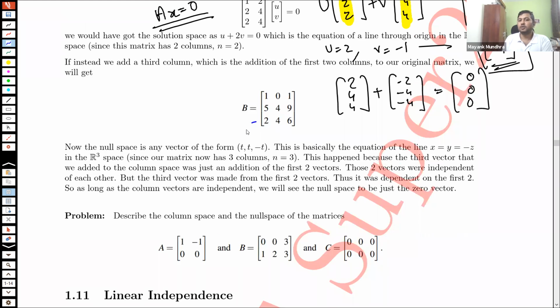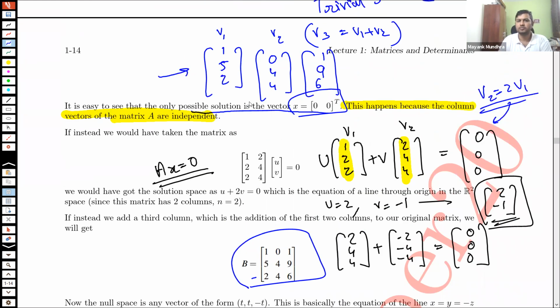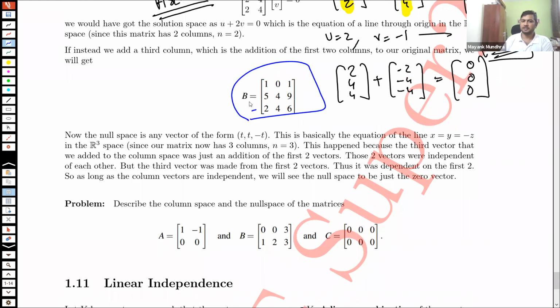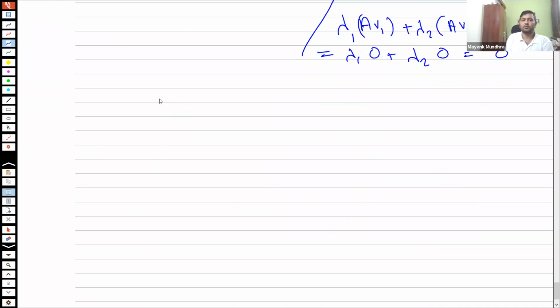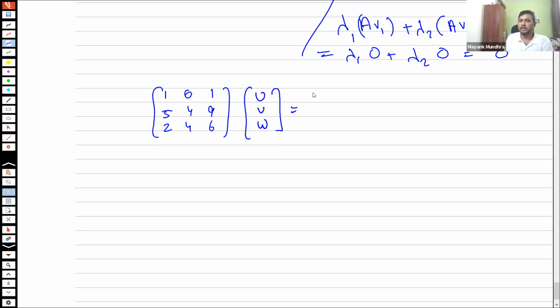So now look at this matrix which I've generated using v1, v2, v3: 1, 5, 2, 0, 4, 4, and 1, 9, 6. This is the matrix I have, and I'm trying to solve Ax equals 0.